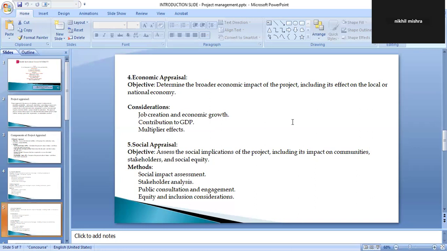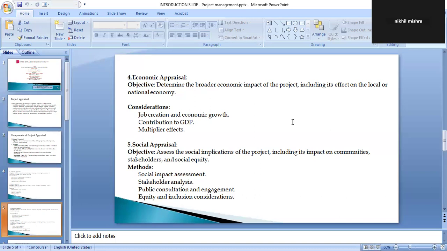Their viability is known as the economic appraisal, and it involves job creation and economic growth, contribution to gross domestic product, and multiplier effects. All these things are part of the economic appraisal, on the basis of which you have to appraise the project.